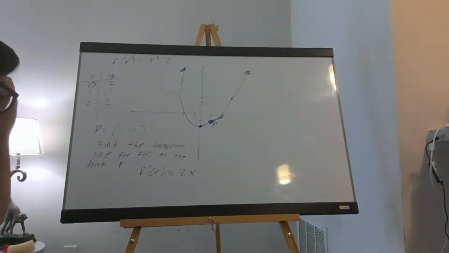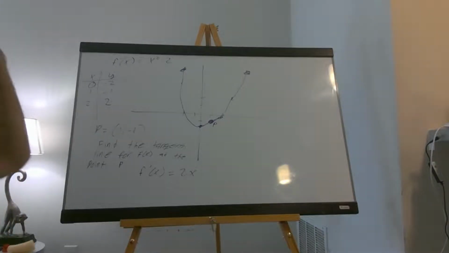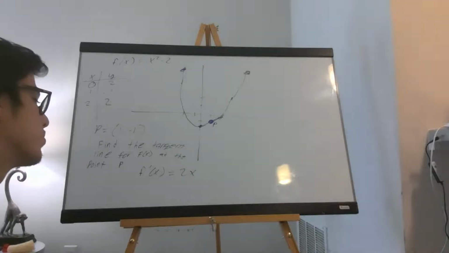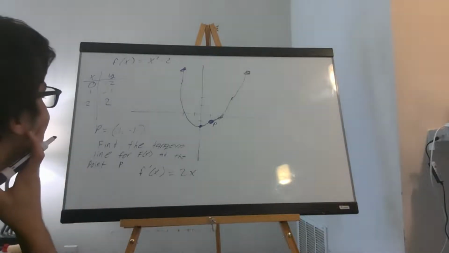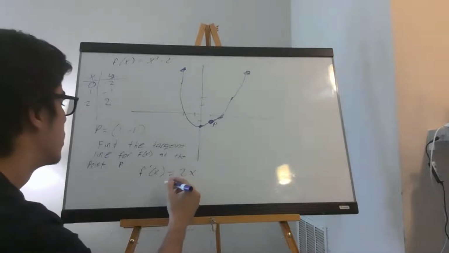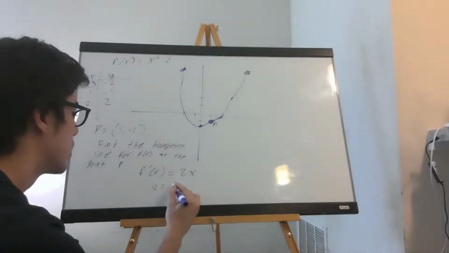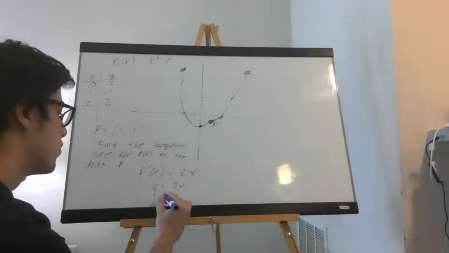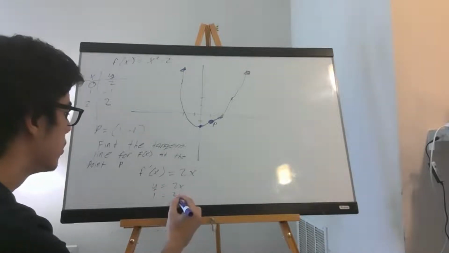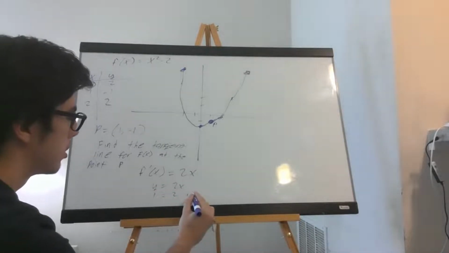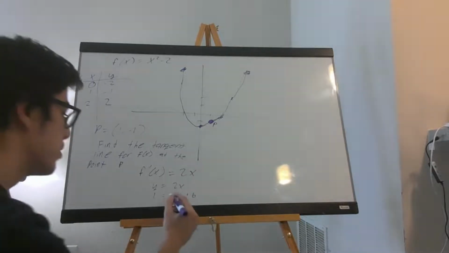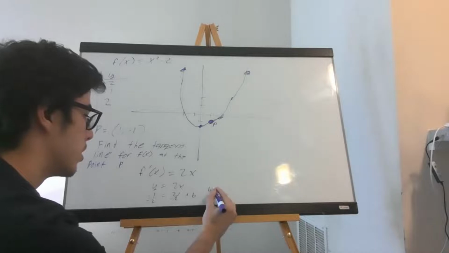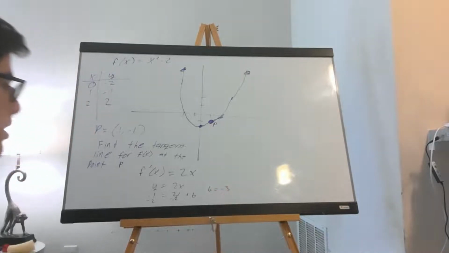And now if I ask you to find the slope of the tangent line, do something like this. y = 2x + b, and this is just y = mx + b form. b = -3.